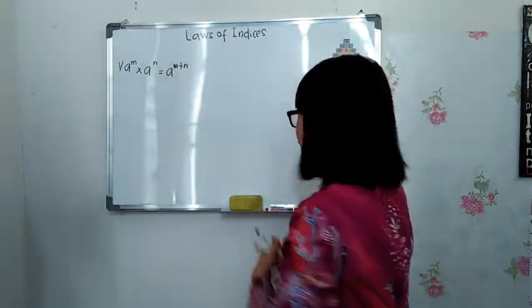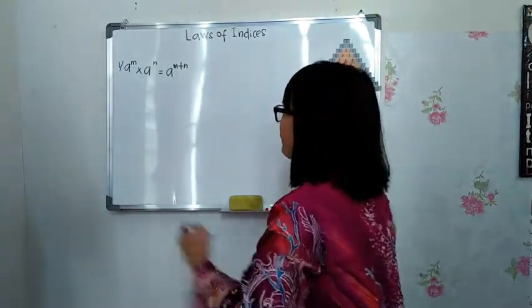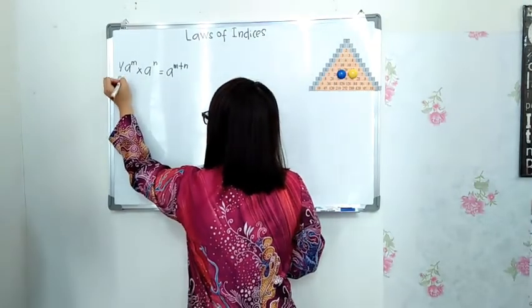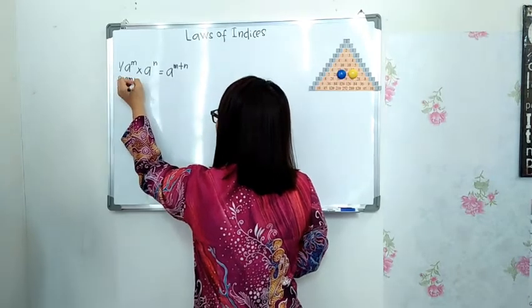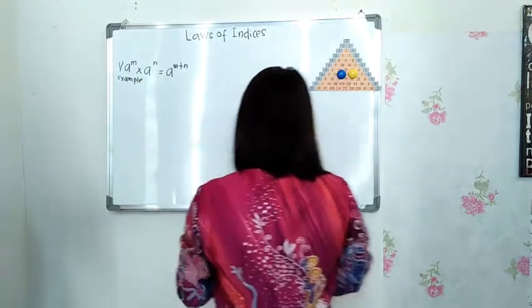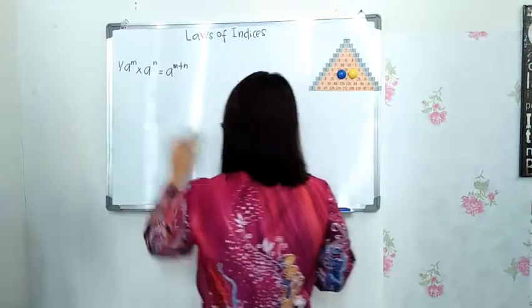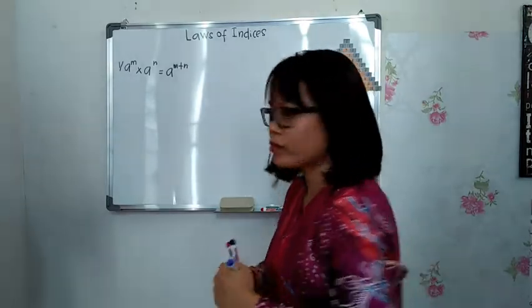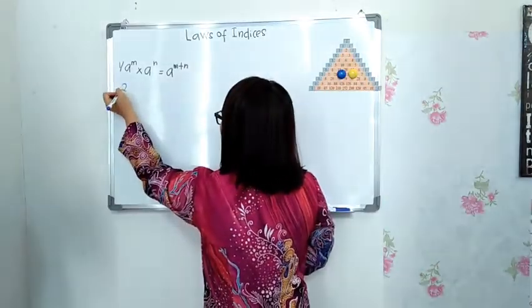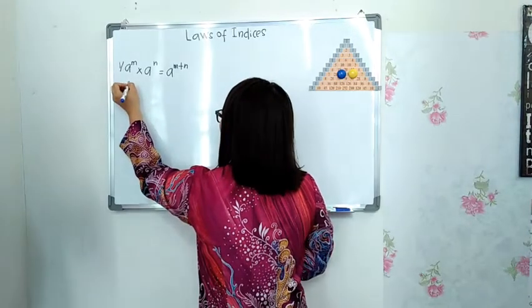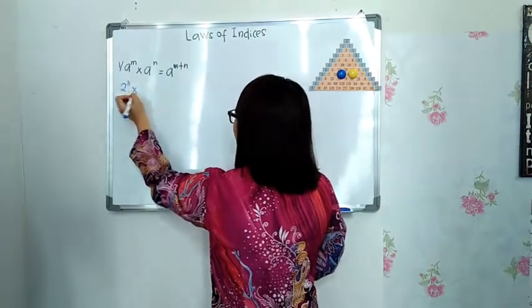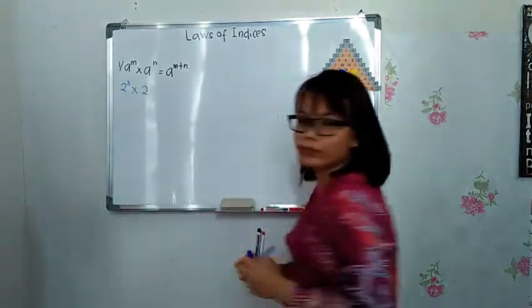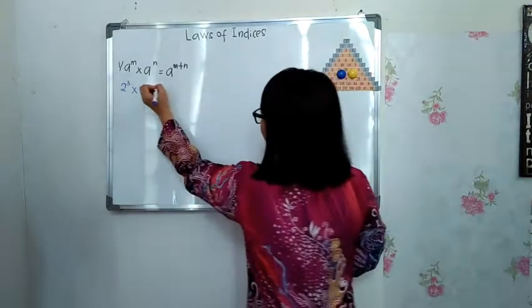Okay, next is, for example, 2 to the power of 3 multiply 2 to the power of 5.